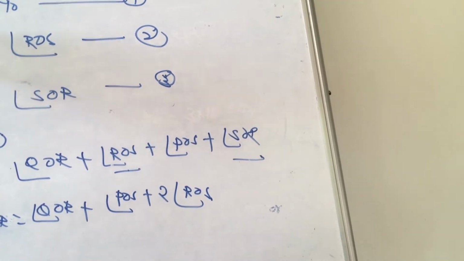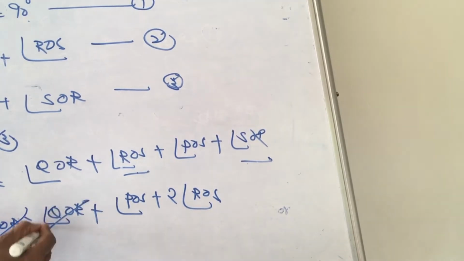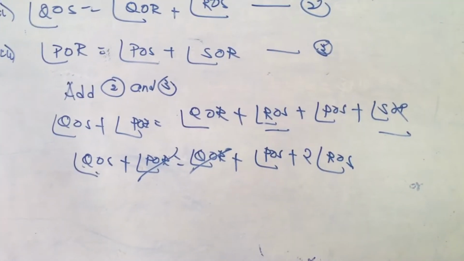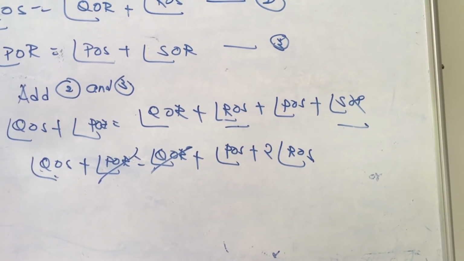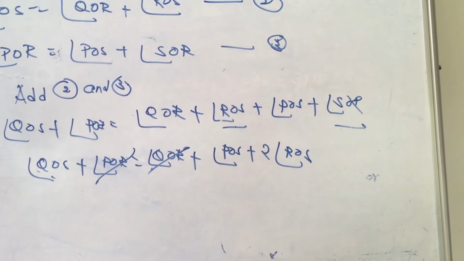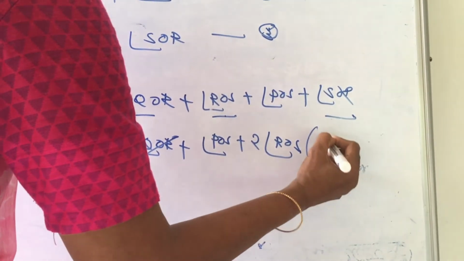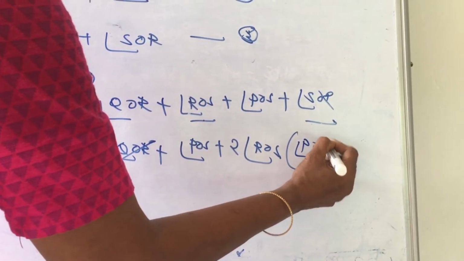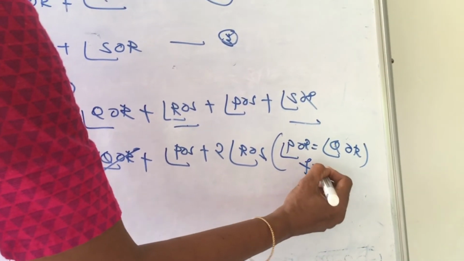Angle POR, angle QOR is equal to 90 degrees. That is why I have cancelled. If two angles are equal, children, you can cancel. Yes, angle POR is equal to QOR from 1.